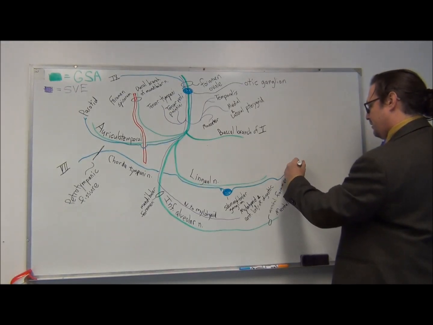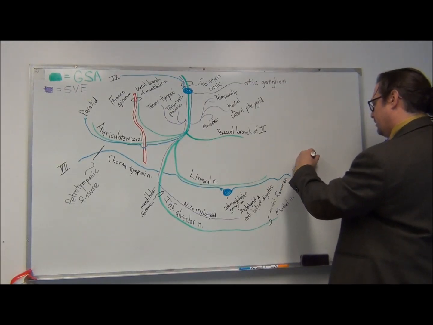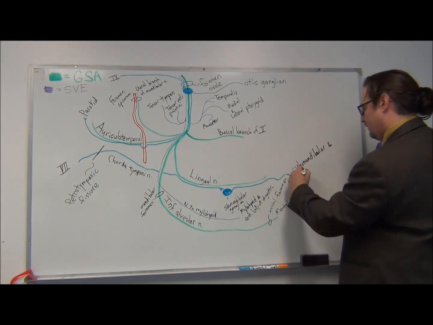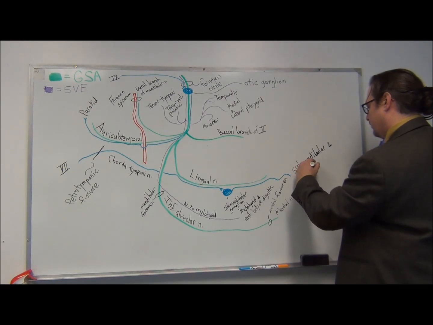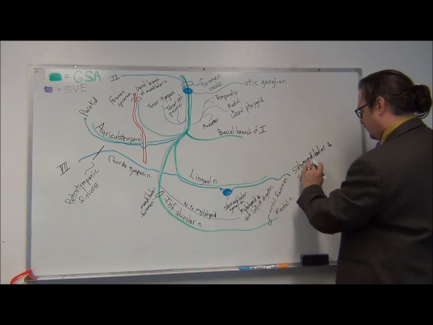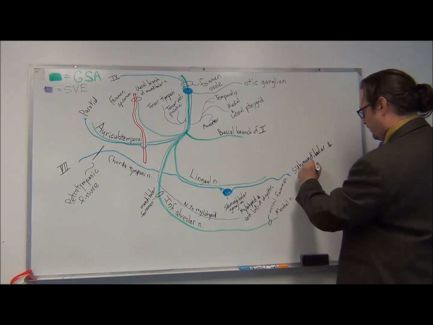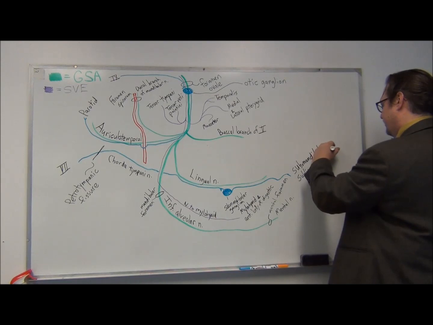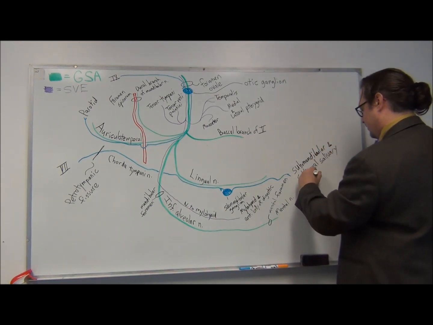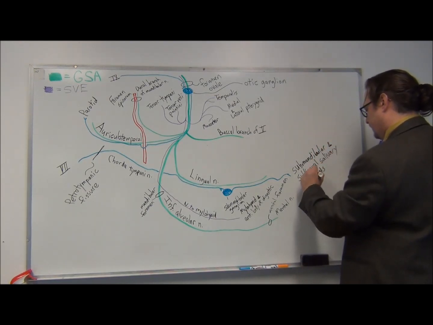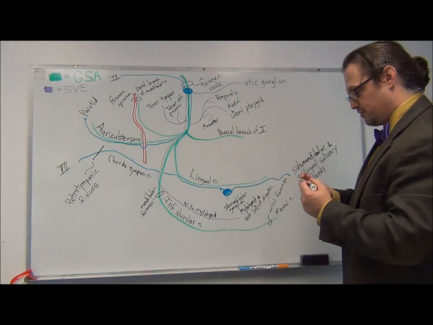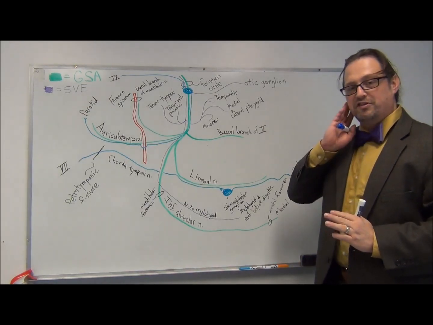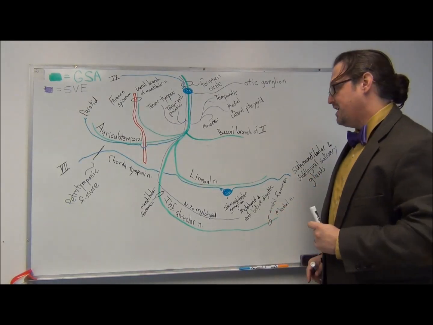The submandibular and the sublingual salivary glands. So interruption of these fibers can also cause dry mouth, although the parotid is hugely responsible for the watery saliva when our mouth waters and we're getting ready to eat.